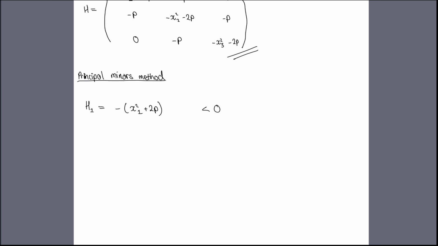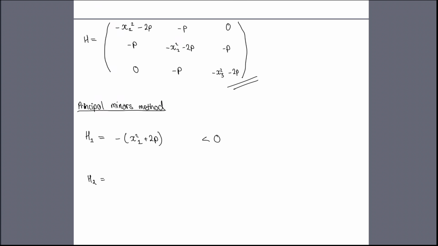If we then look at H2, we can see a fairly similar pattern. We get minus x squared plus 2 rho multiplied by x squared minus 2 rho, x squared plus 2 rho. So that's me doing these two times together. I've taken out the minus from this, which is over here, and if I take out the minus from here, we just get plus.